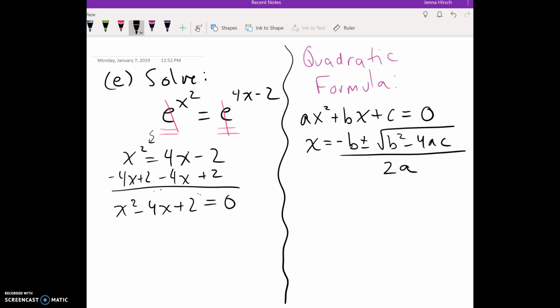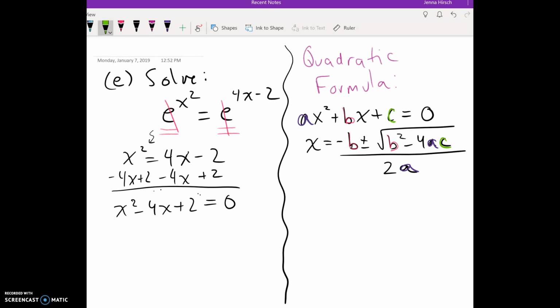Okay, and remember that this b value is the same as this b value, that this a value is the same as this a value, and that c value over here is the same as this c value over here. So they are just the coefficients of the different terms in the formula.